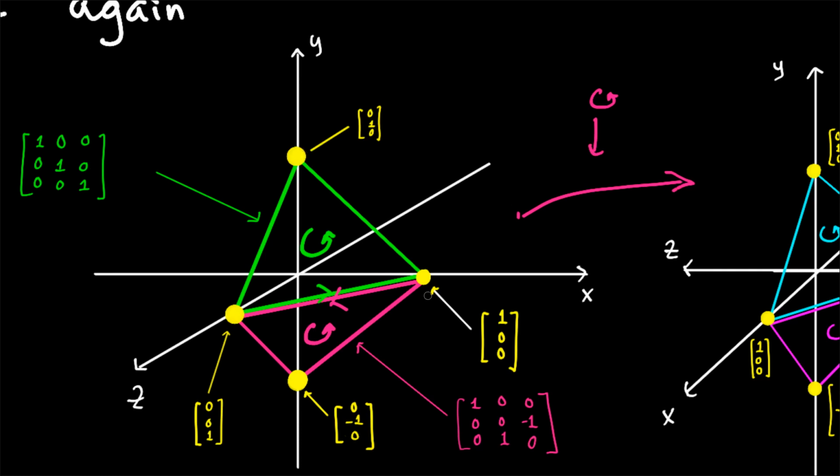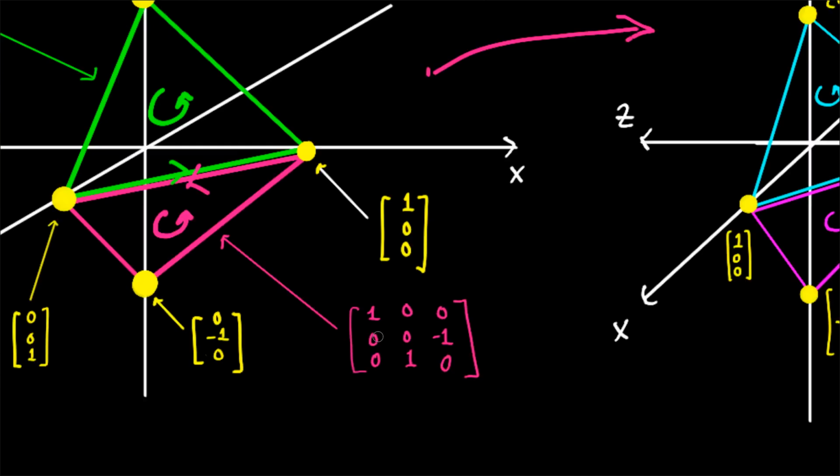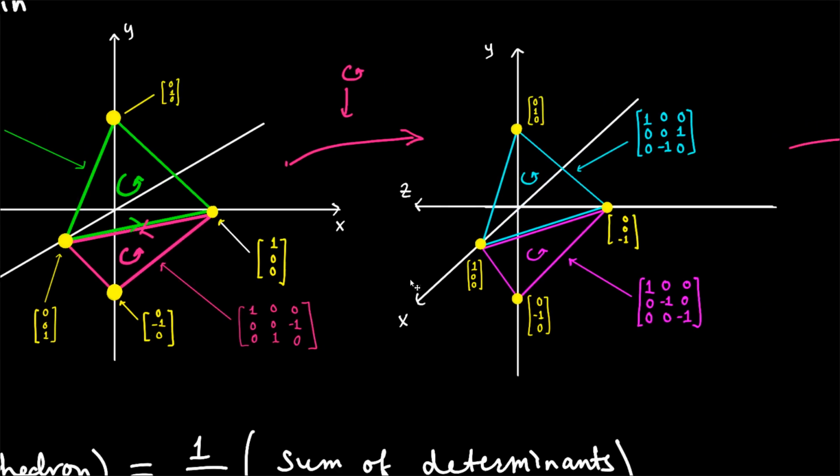This purple triangle, well, you just take these columns in order. So you take the vertices, which are these points, and you just affix them. So 1, 0, 0, go to 0, 0, 1, go to 0, minus 1, 0, and there's our matrix right here. It's just taking these column vectors and smushing them next to each other. All right.